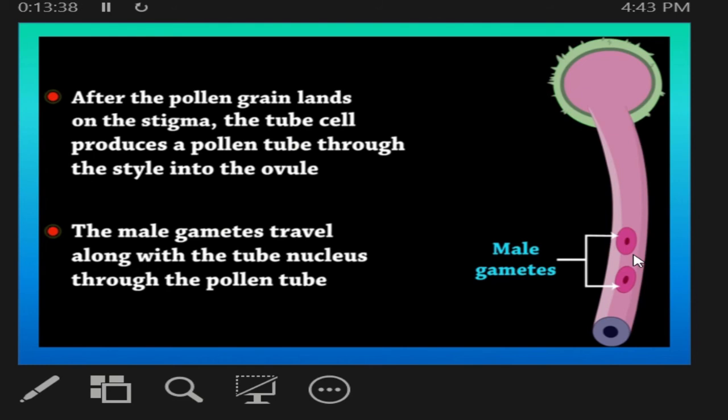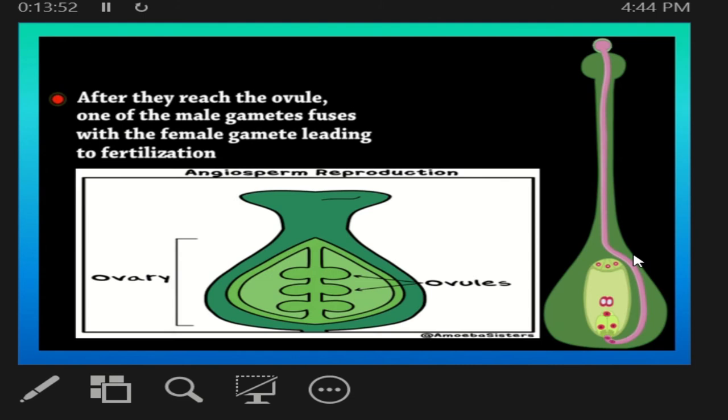After the pollen grain lands on the stigma, the tube cell produces a pollen tube through the style into the ovule. The male gametes travel along with the tube nucleus to the pollen tube. After they reach the ovule, one of the male gametes fuses with the female gamete, leading to fertilization.